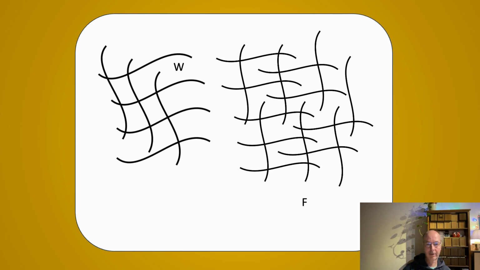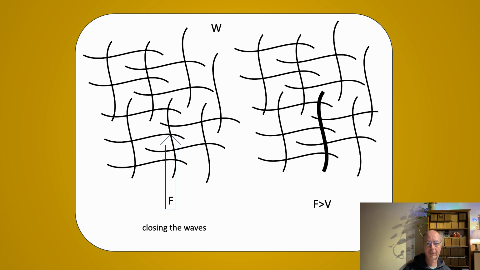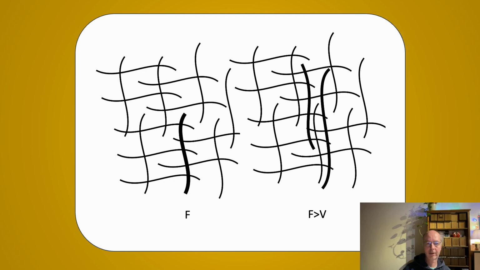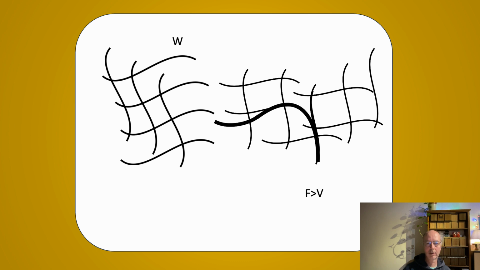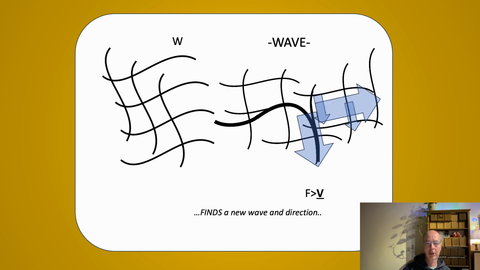Once you have these different kinds of waves and you have the F in it, F will try to find the direction. And once it finds a direction, it can also change its direction.